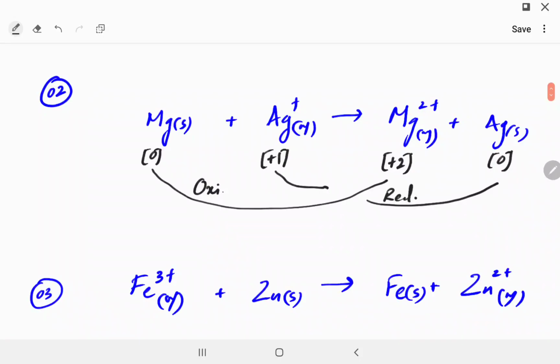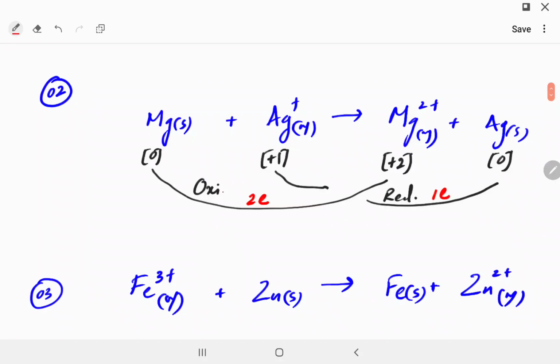Now we have identified oxidation and reduction. What we need to do now is calculate the electron difference. For oxidation, going from 0 to plus 2, the difference is 2 electrons. For reduction, going from plus 1 to 0, the difference is 1 electron.